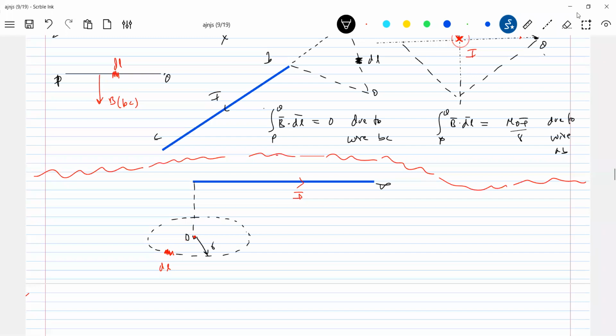So the best way of dealing with this problem is, again, stick on to the same approach. Let this be the perpendicular distance. Clear? And so this should be the alpha.